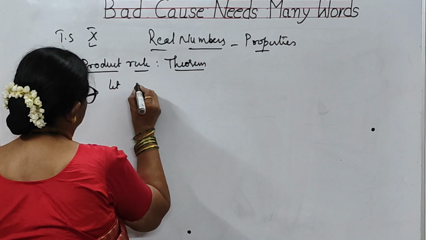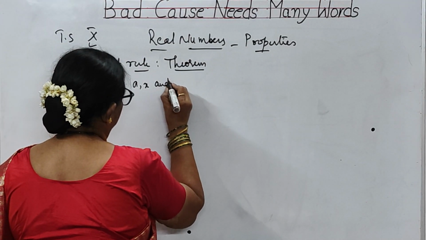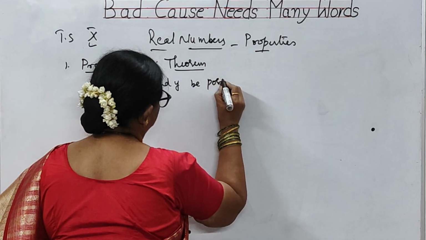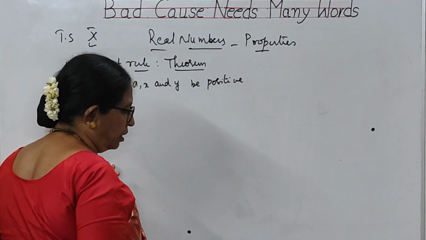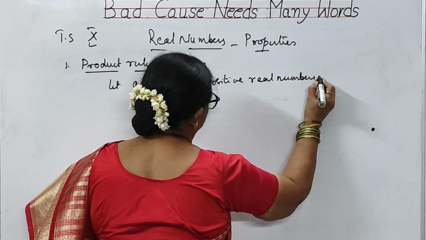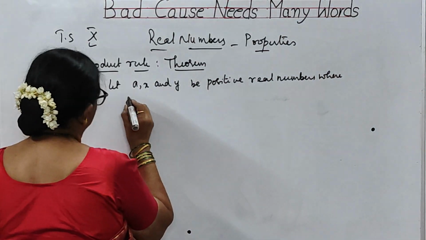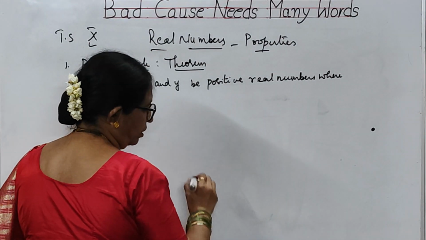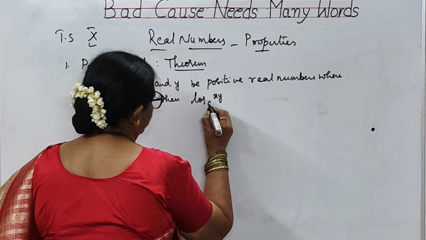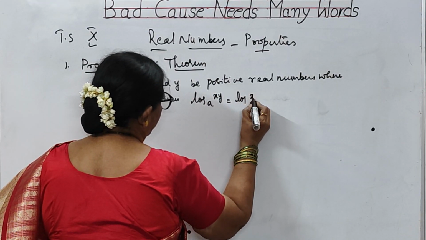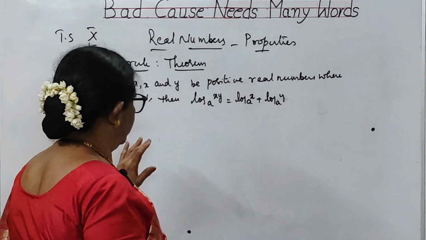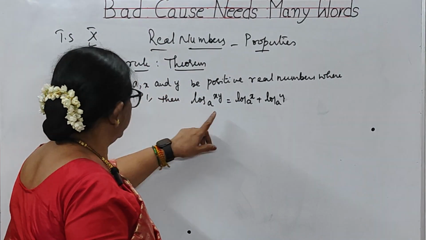Let a, x and y be positive real numbers, where a is not equal to 1, then log xy to the base a is equal to log x to the base a plus log y to the base a. This is the property called product rule, children.